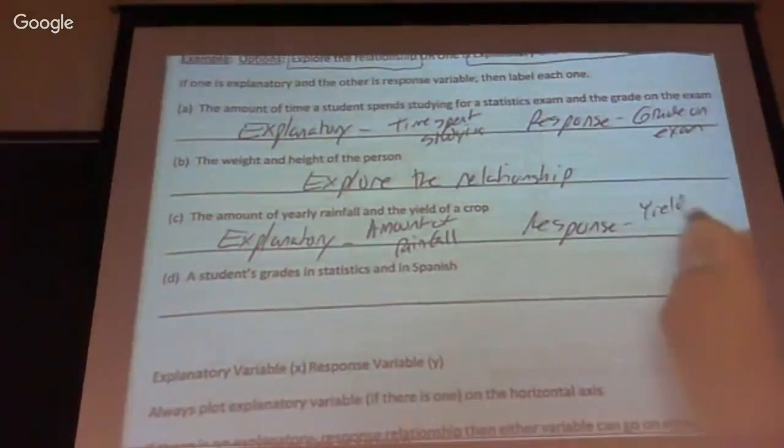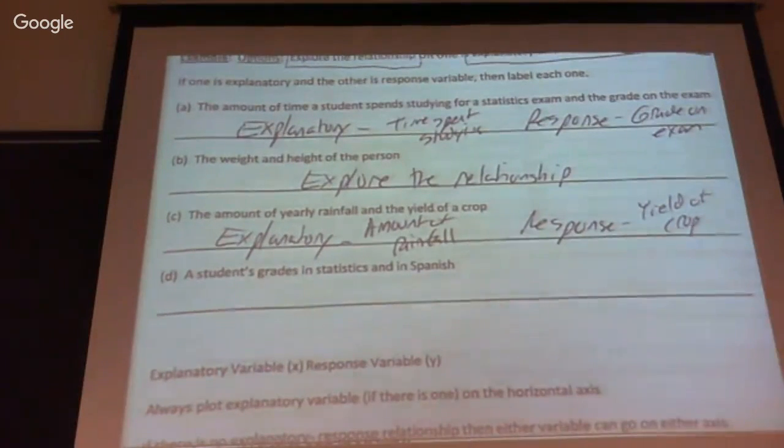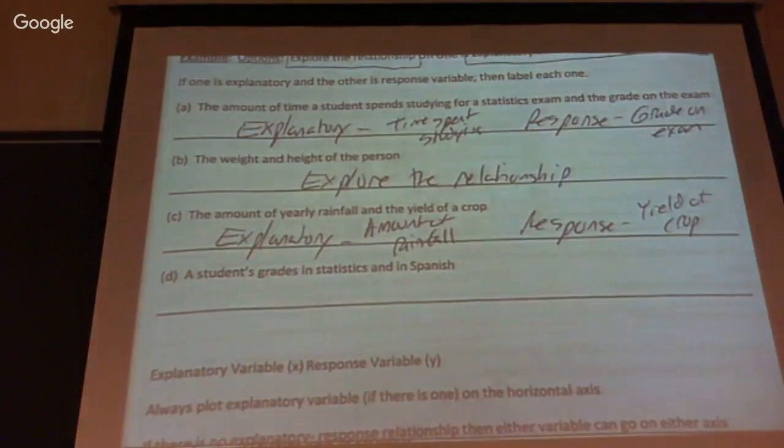Yield of crop. Yield of crop is how much crop you get. And again, that's probably a linear one, more rain, more crops, but you can also think of it as maybe quadratic. The more rain you get, the more crops, but at a certain point, what happens if you get too much rain? You'll lose crop, flooding, all your crops are gone, okay?